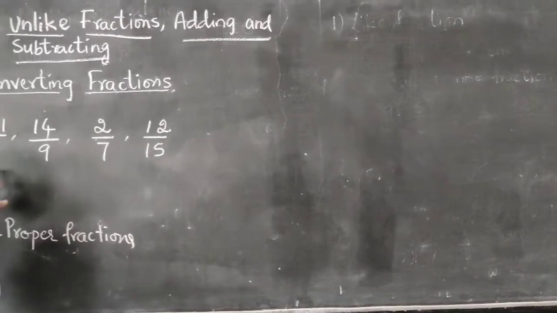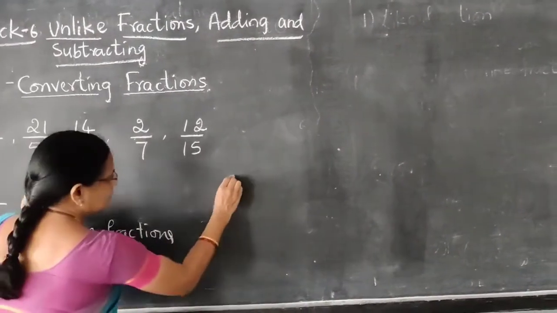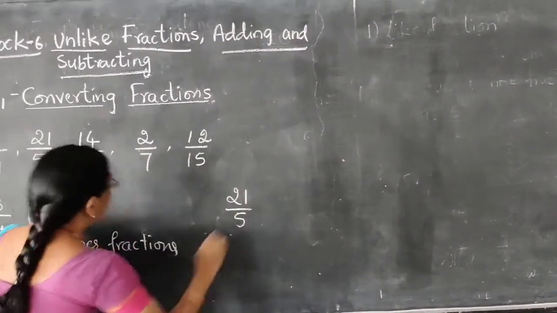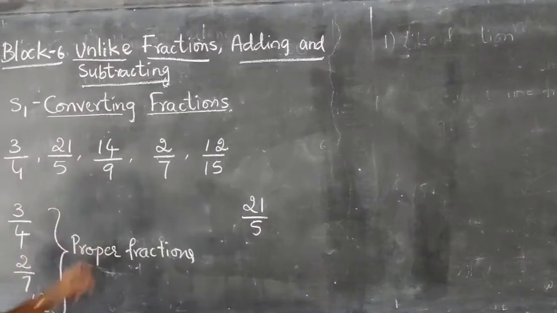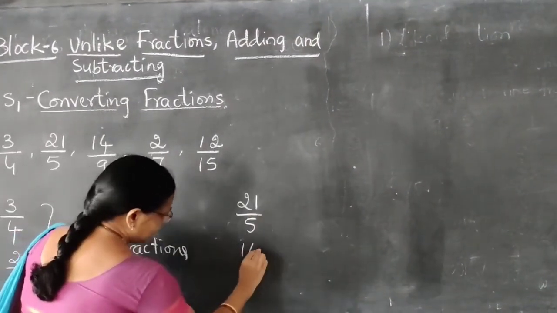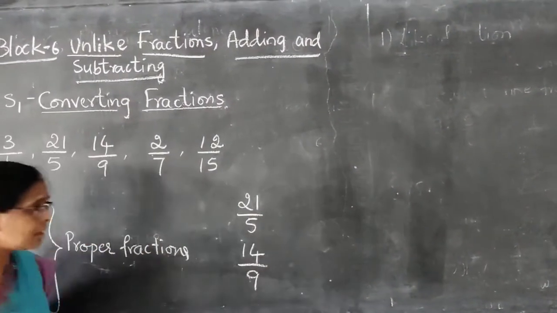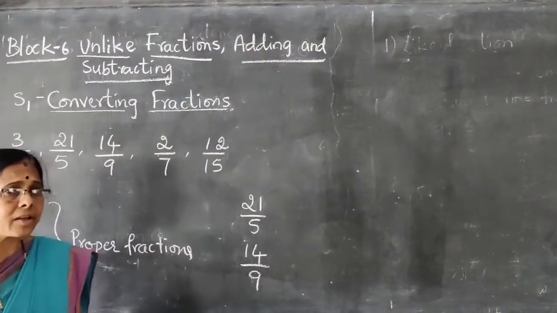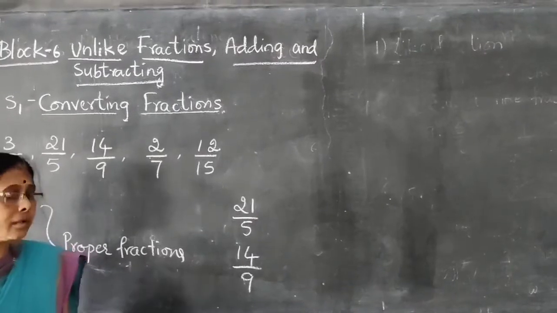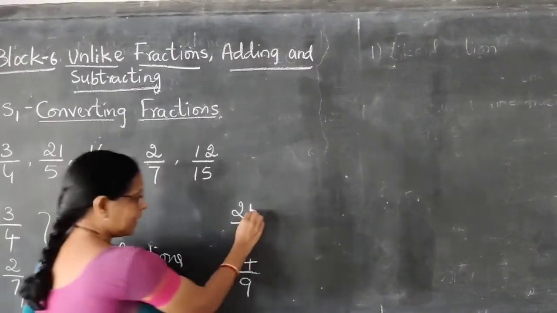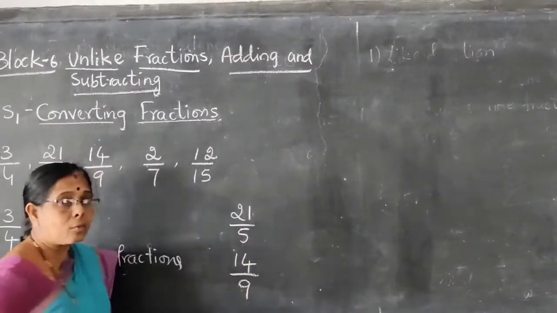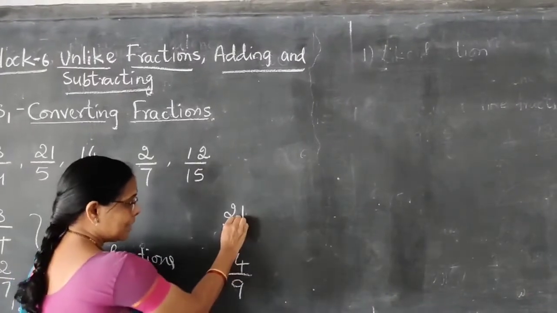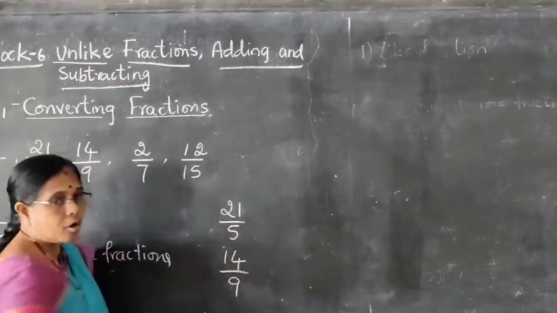Now 21 by 5 and 14 by 9. These are the improper fractions. What is the definition of an improper fraction? In an improper fraction, the numerator is greater than the denominator. Numerator is greater than denominator, children.